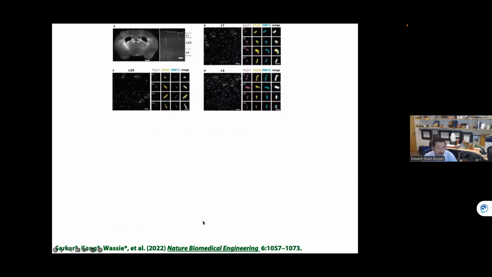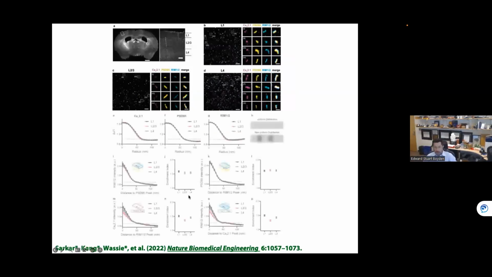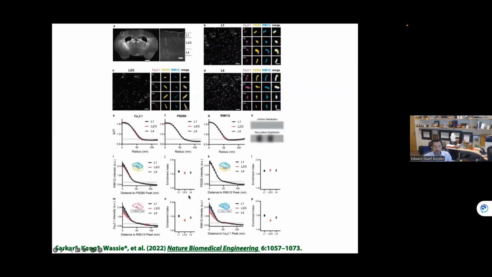Now this is important because many proteins attain their function through nanoscale connections and coordinations with other proteins, right? That's how many proteins signal. We use the fact that we can now see proteins that are hard to see, like calcium channels, through post-expansion staining, and showed, for the first time to my knowledge, that such proteins are nanoscale coordinated in space with other kinds of proteins.